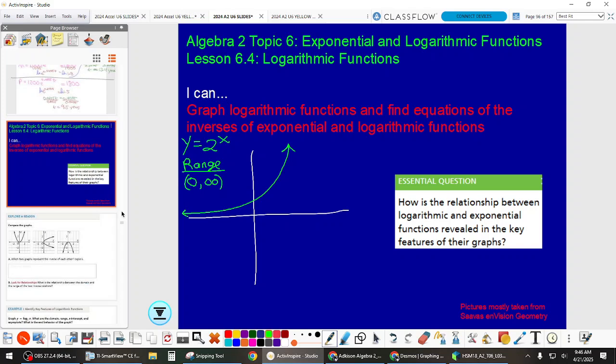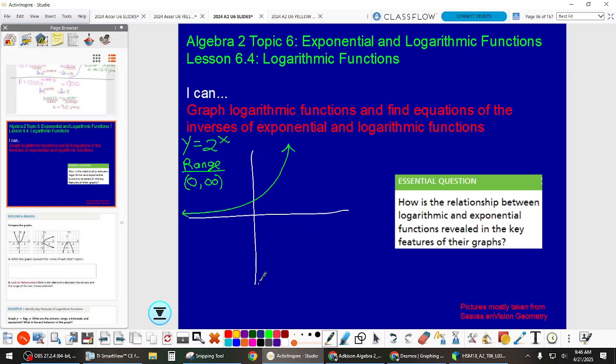The reason I want you to be clear is because the log function is just the inverse of this one. So what's going to be restricted on it? Okay, let me graph it for you and see if you can tell me that.